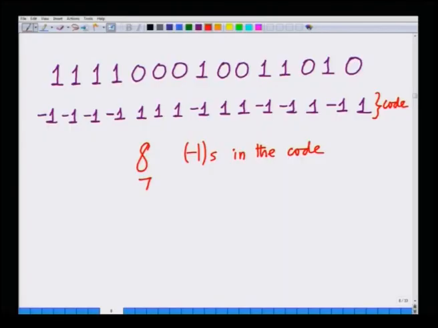So, there are 7 ones or plus ones in the code. Hence, what we can see is that this code is roughly balanced. The number of minus ones and the number of ones is approximately equal, except the number of minus ones is 1 more than the number of ones.